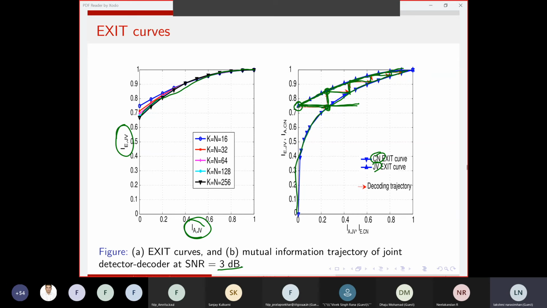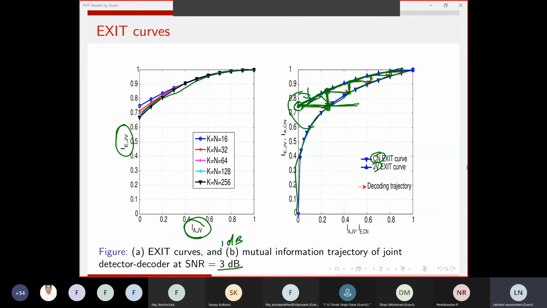That's why as SNR increases we see the gap increases. If we can have this gap really small at a very low SNR, say at SNR equal to 1 dB the gap is very small, and beyond that the gap goes to the negative side, that is, this curve goes above the other curve, then decoding is not possible and we will always have errors. So ideally we would want these two curves to meet at as low an SNR as possible.